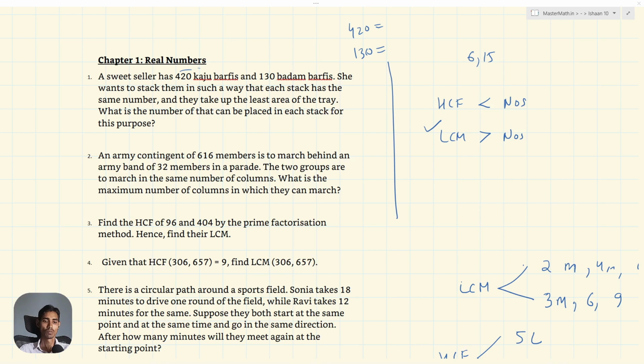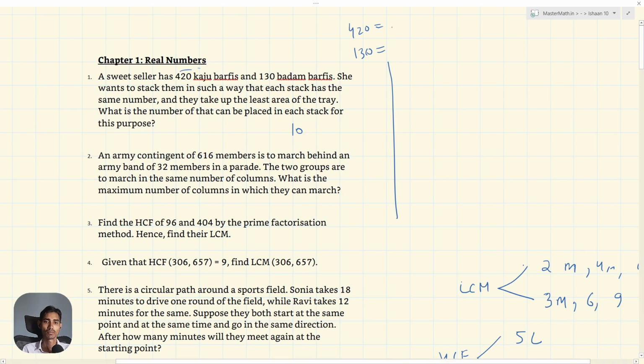So is the HCF 10? Exactly. How did you find it? I first factorized both of them and then found the least power of each of the numbers. So what were the factors that you got for 420 and 130?